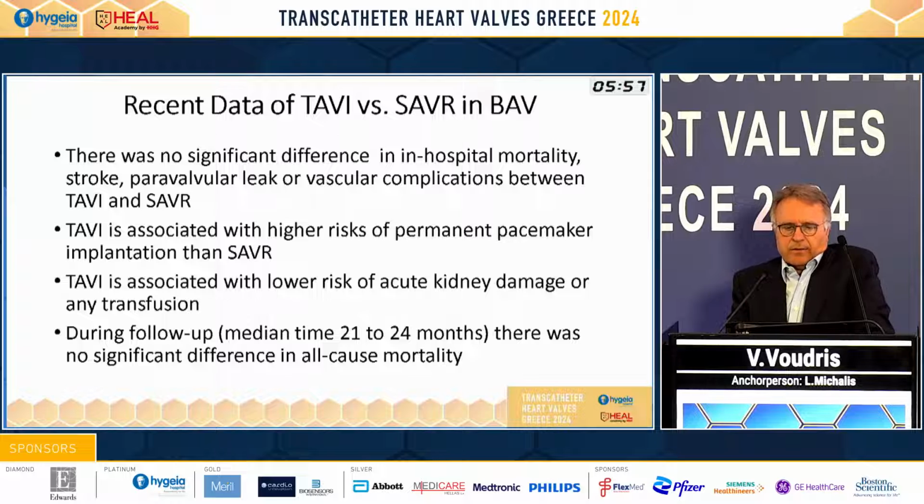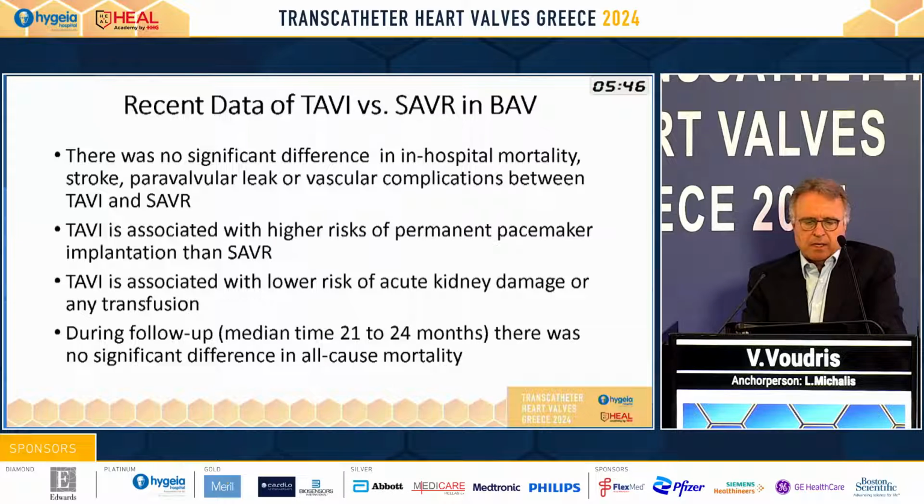Recent data of TAVI versus surgical aortic valve replacement in patients with bicuspid morphology have shown no difference in hospital mortality, stroke, paravalvular leak, or vascular complication between TAVI and surgical AVR.